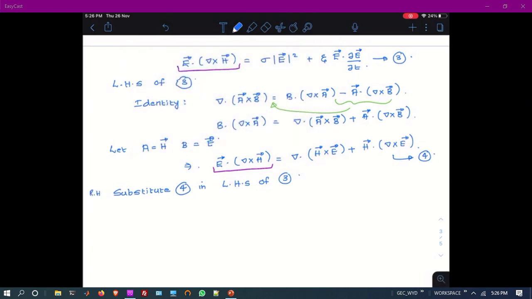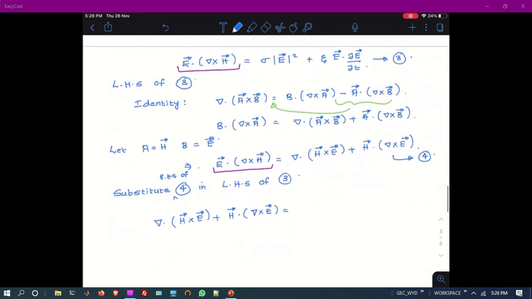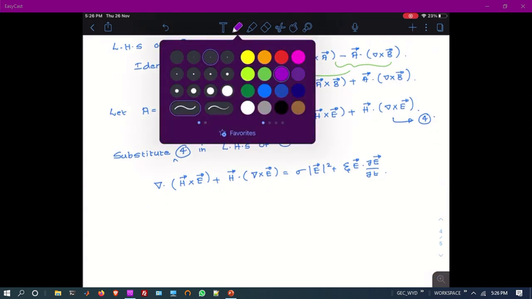So I can write del dot H cross E plus H dot del cross E is equal to sigma magnitude of E squared plus epsilon E dot dou E by dou t.